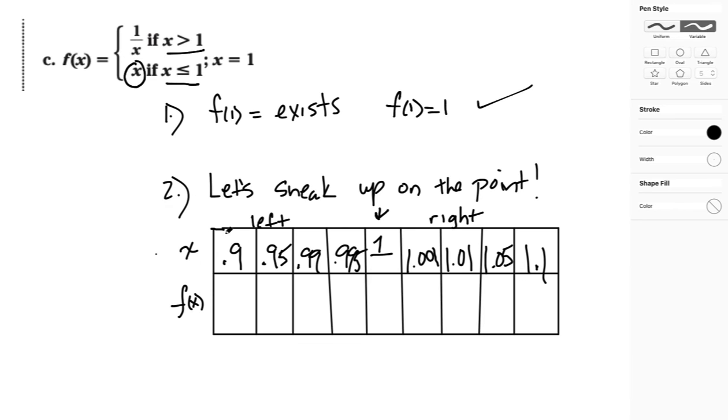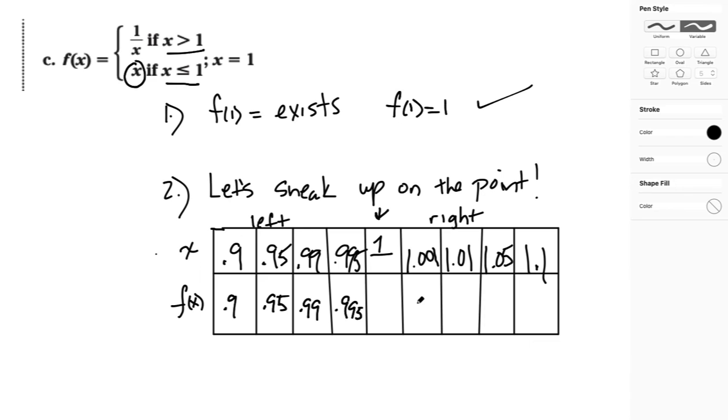X is exactly what it is. So I'm going to just plug that in. So we've got 0.9, we've got 0.95. As we get closer, it seems like it's approaching the number that we expected. This might actually be continuous. Let's see. And so I don't really need to worry about this 1 value. We know that that's already 1.